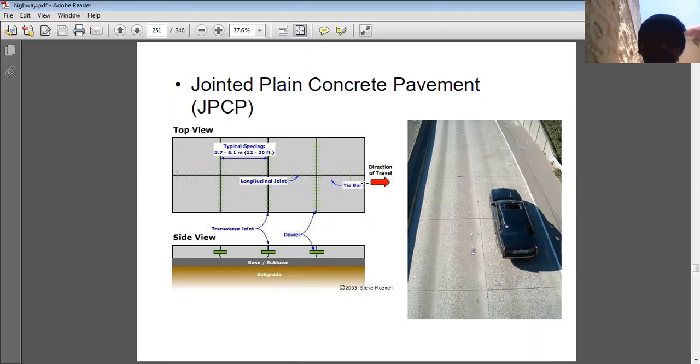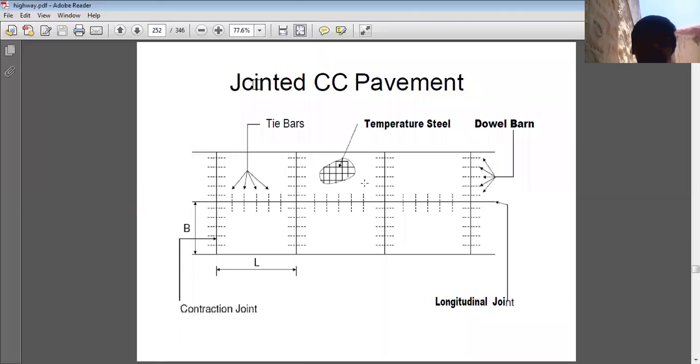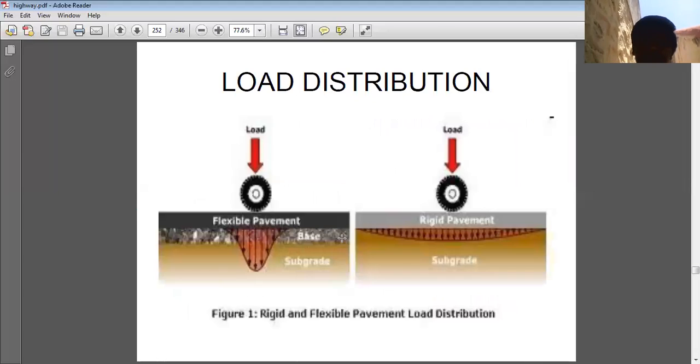In the typical top view, the distance between transverse joints is 12 to 20 feet. These are the different tie bars, dowels, temperature steel, longitudinal joints, and contraction joints provided. These are the longitudinal joints. These are the contraction joints. Distribution, base and subgrade layers.